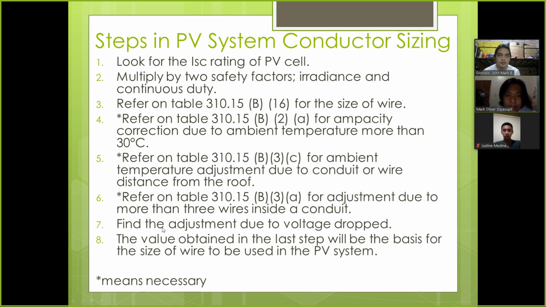Then 7, find the adjustment due to voltage drop. Then lastly, the value obtained in the last step will be the basis for the size of wire to be used in the PV system. Itong steps na to, ito yung gagamitin natin mamaya dun sa pagsa-size ng conductor sa i-install natin na PV system.